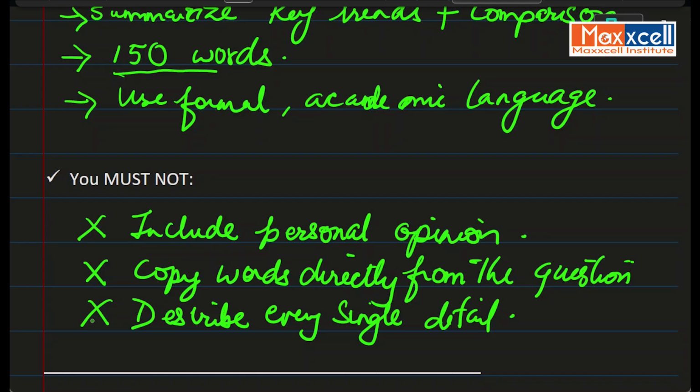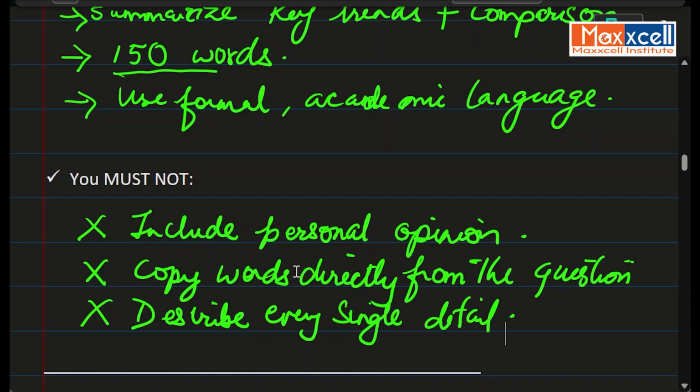In that case, you will be exceeding 250 words. अगर आप बहुत ही डिटेल में लिखने जाएंगे, so आपको सिर्फ इम्पॉर्टेंट इंफॉर्मेशन ही लिखना है, समराइज करना है, कंपेयर करना है, ट्रेंड्स के बारे में, जो भी ट्रेंडिंग है उसके बारे में आपको लिखना है. एंड यू नीड टू यूज फॉर्मल लैंग्वेज, एकेडमिक लैंग्वेज. Okay, and you need to cover that 150 words. So this is something which you need to do.